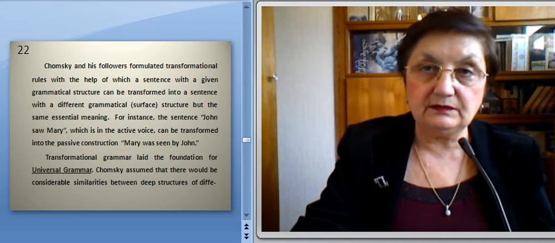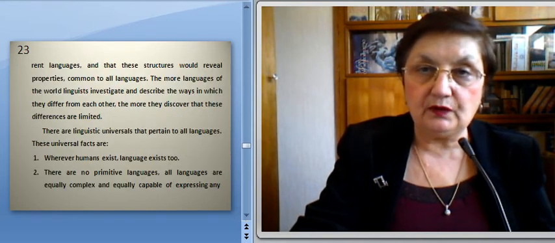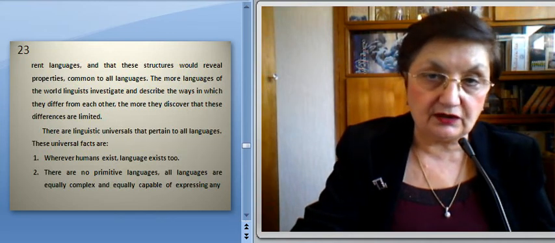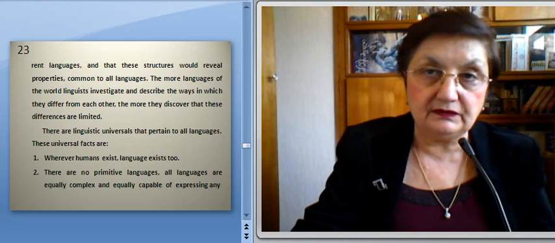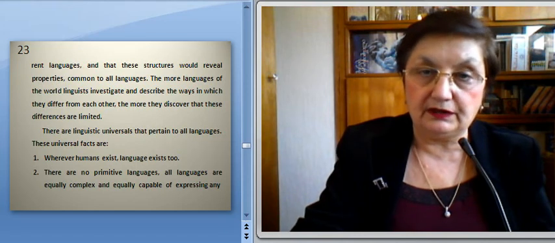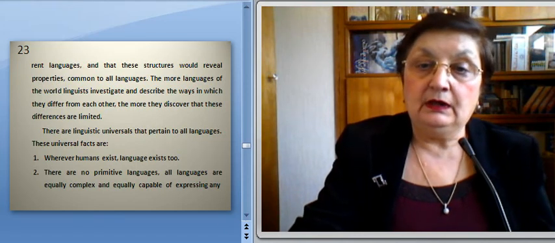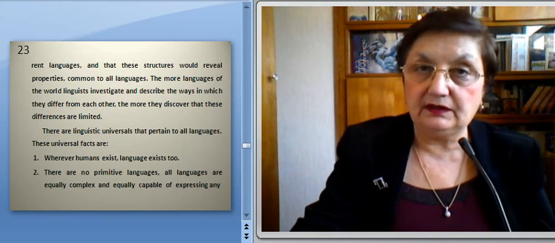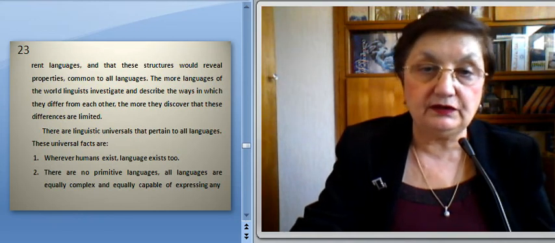The more languages of the world the linguists investigate and describe the ways in which they differ from each other, the more they discover that these differences are limited. There are linguistic universals that pertain to all languages.